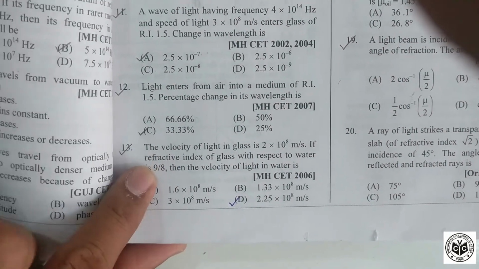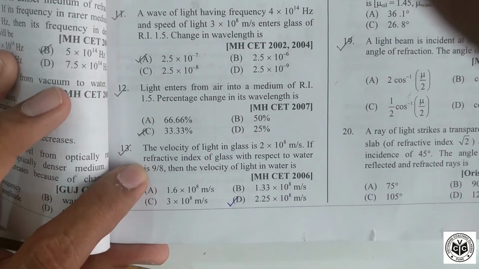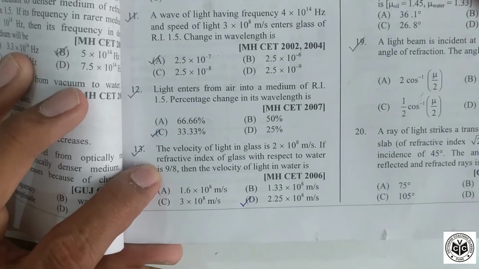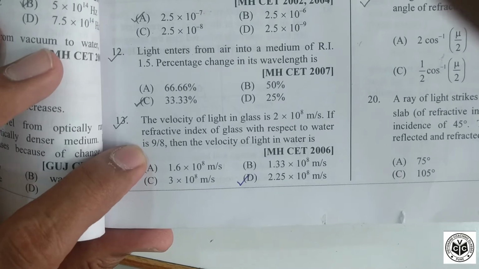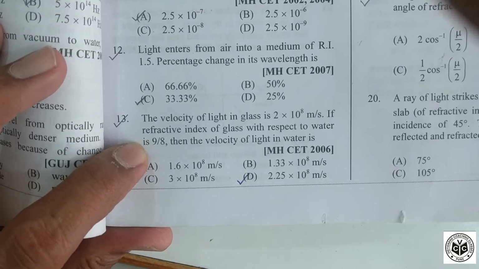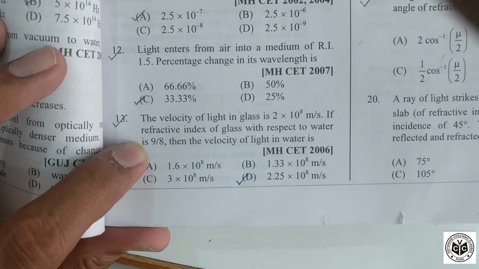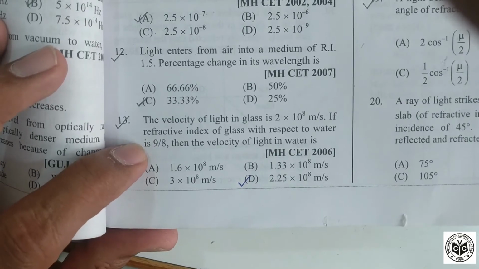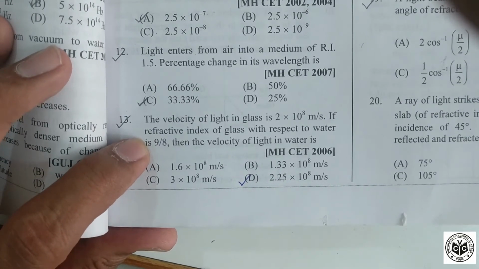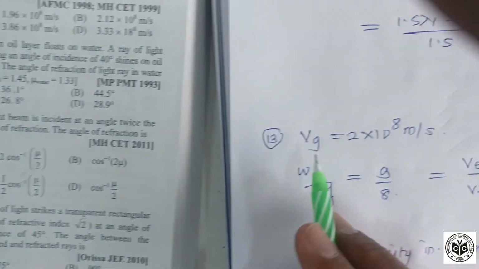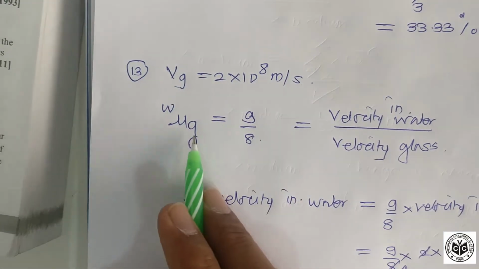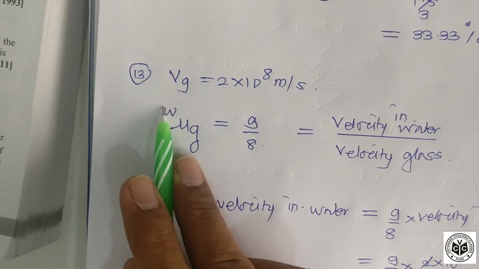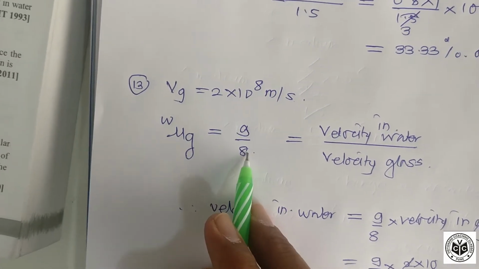Example number 13. The velocity of light in glass is 2 into 10 raised to 8 meter per second. If refractive index of the glass with respect to water is 9 upon 8, then velocity of light in water is. So this is asked in CET 2006. So very simple. Velocity in glass is 2 into 10 raised to 8 meter per second. Refractive index of glass with respect to water is equal to 9 upon 8.